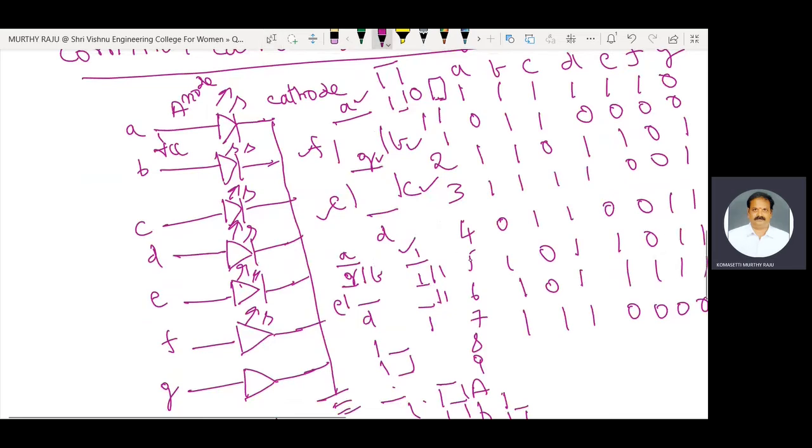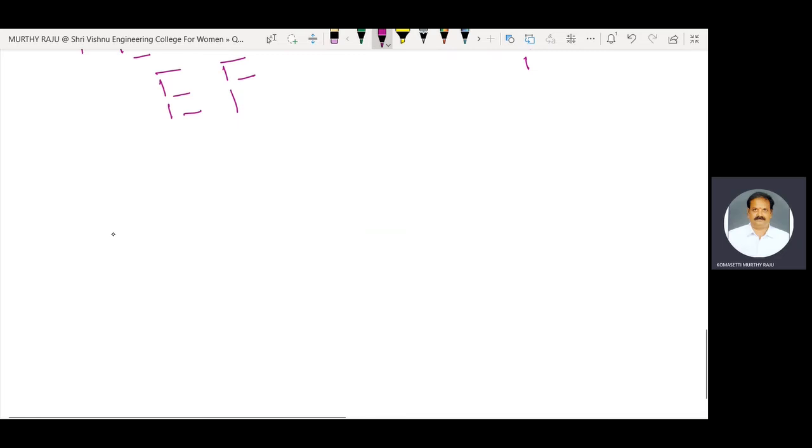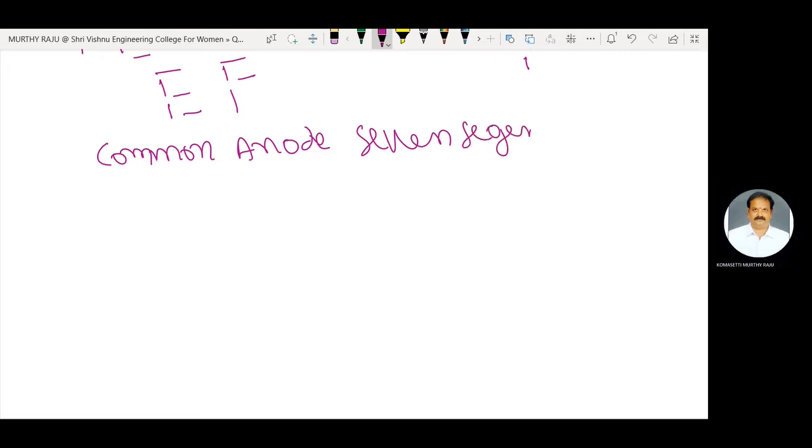In a common cathode 7-segment display, all the cathodes are combined and connected to ground. Next is the common anode 7-segment display.